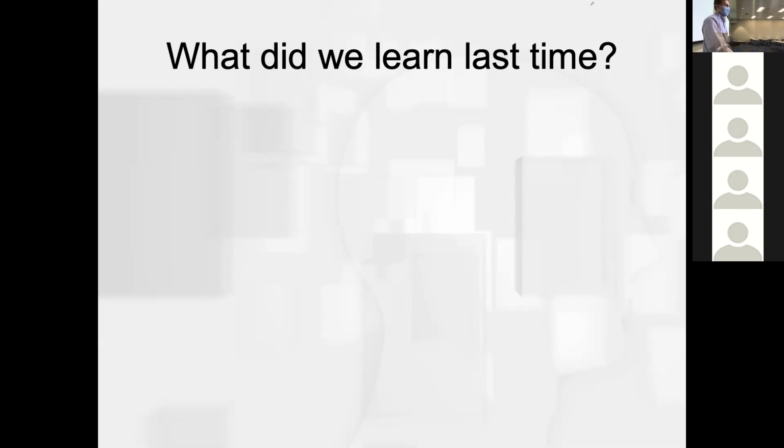What's the benefit of a repeated measures test? Why would we want to do that in lieu of a between subjects test? You don't have to find as many participants. Exactly, not as many participants are required to run that test. And why is that? Because they're pulled from the same group.